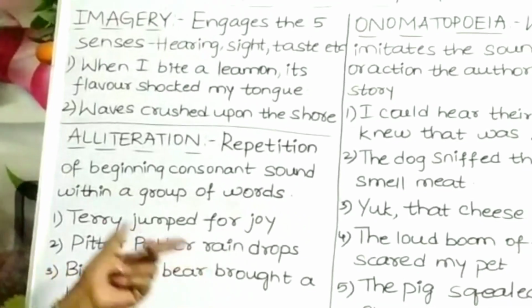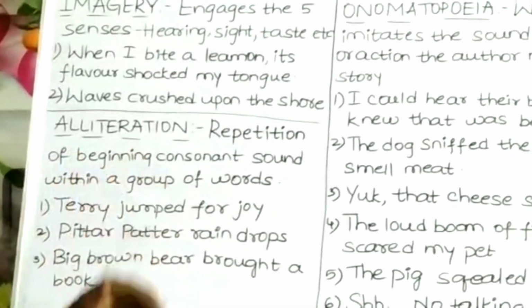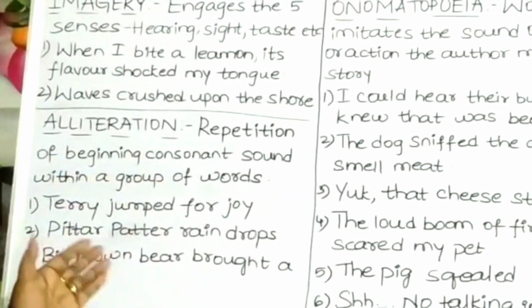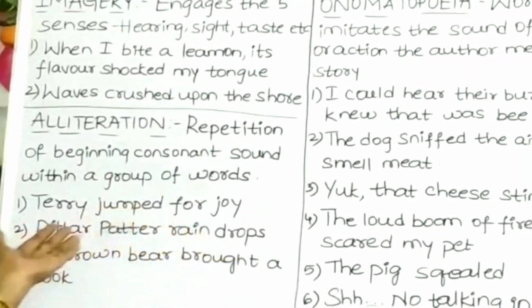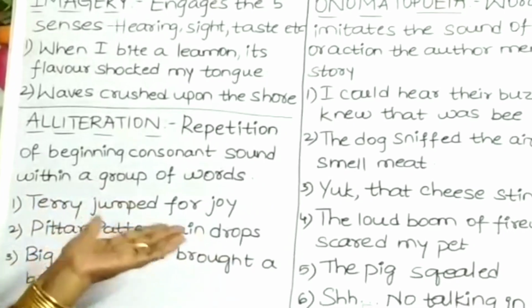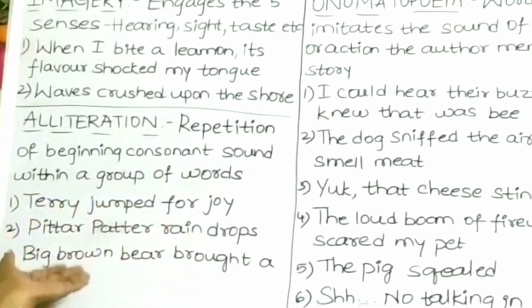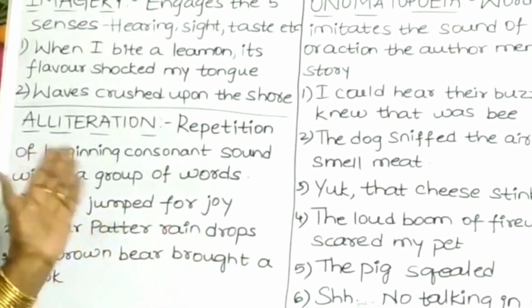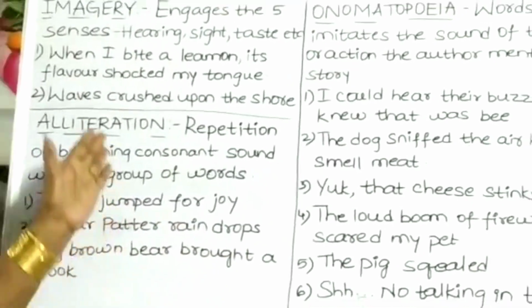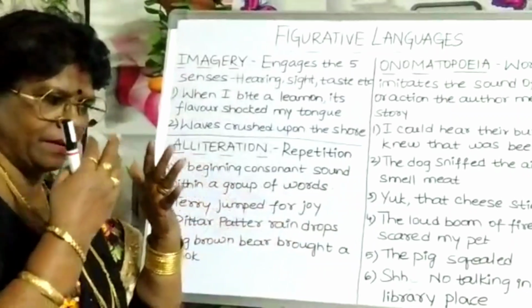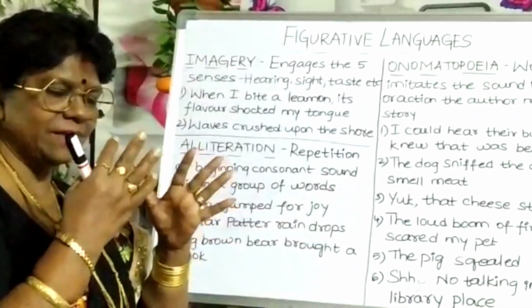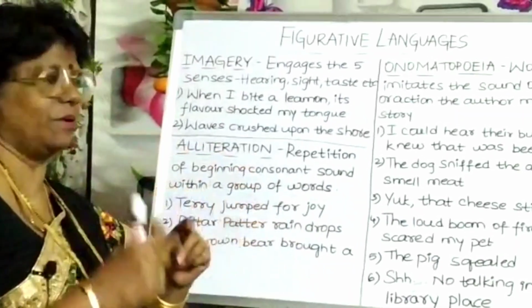What is alliteration? Repetition of a beginning consonant sound. Jerry jumped for joy. Pitter patter raindrops. Big brown bear brought a book. Like that. These are all alliterations. While reading, the readers will feel curiosity to find more.